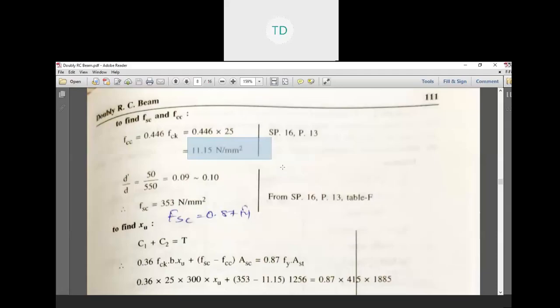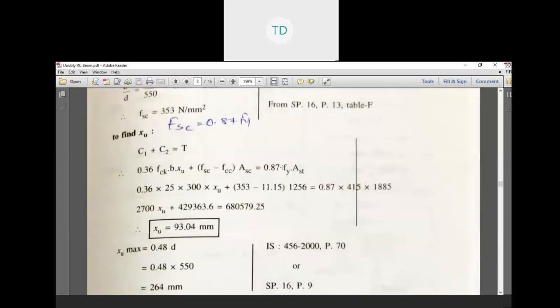0.36 fck b xu plus fsc minus fcc into Asc is equal to 0.87 fy into Ast. In this case we have fsc, so we take this one. In some cases we don't have this, so ignore it and directly multiply fsc with Asc.